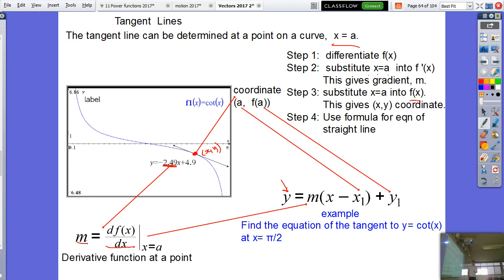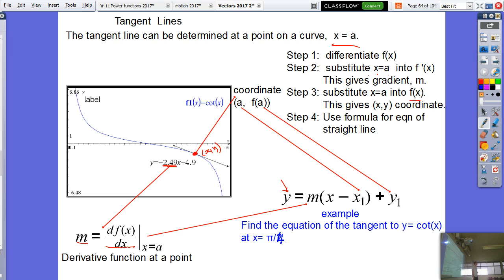Find the equation of the tangent to cot at pi on 2. That's not going to be too interesting. Let's do it at pi on 4. What's wrong with pi on 2? Cot is 1 on tan.